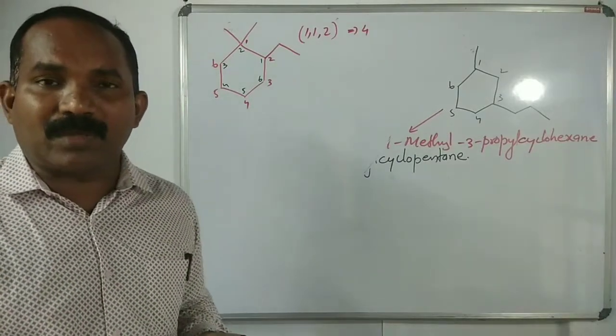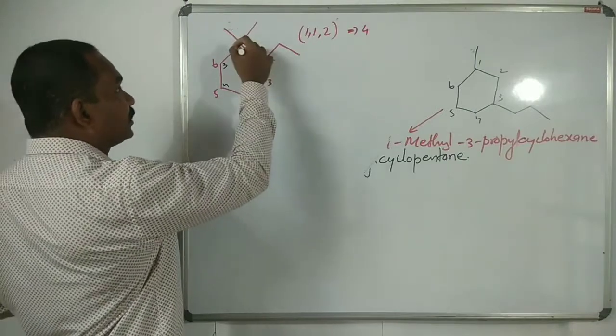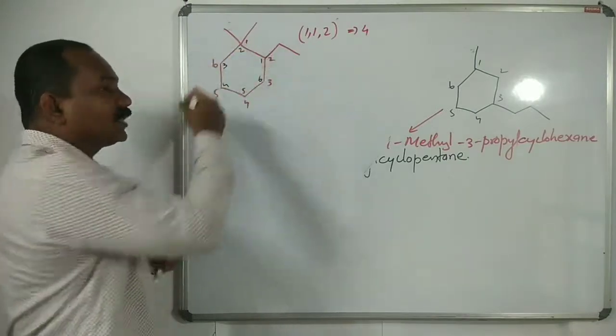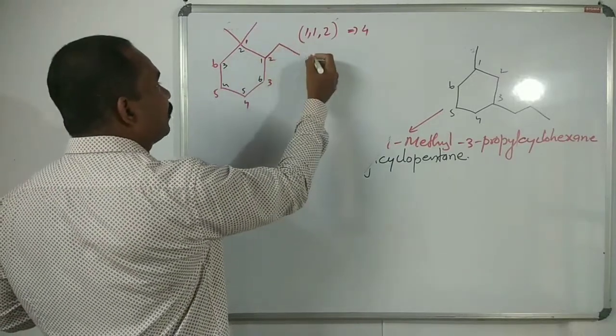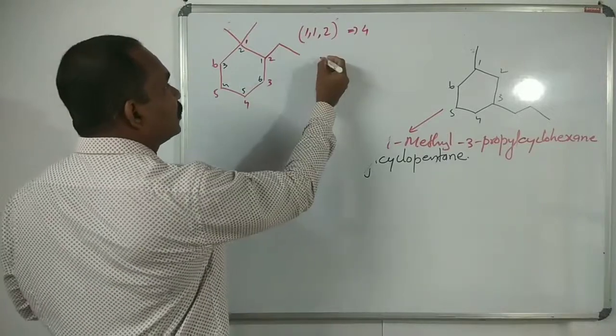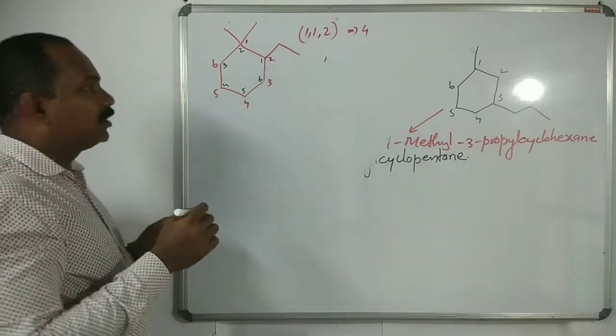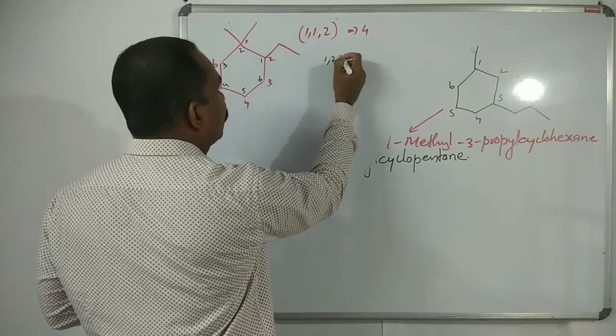It was earlier called the lowest sum rule; nowadays it is the lowest locant rule. Now by considering this numbering, given in the black pen, our first carbon atom contains only 1 substituent, so 1. Then the second carbon atom has 2 substituents, so 2 comma 2.